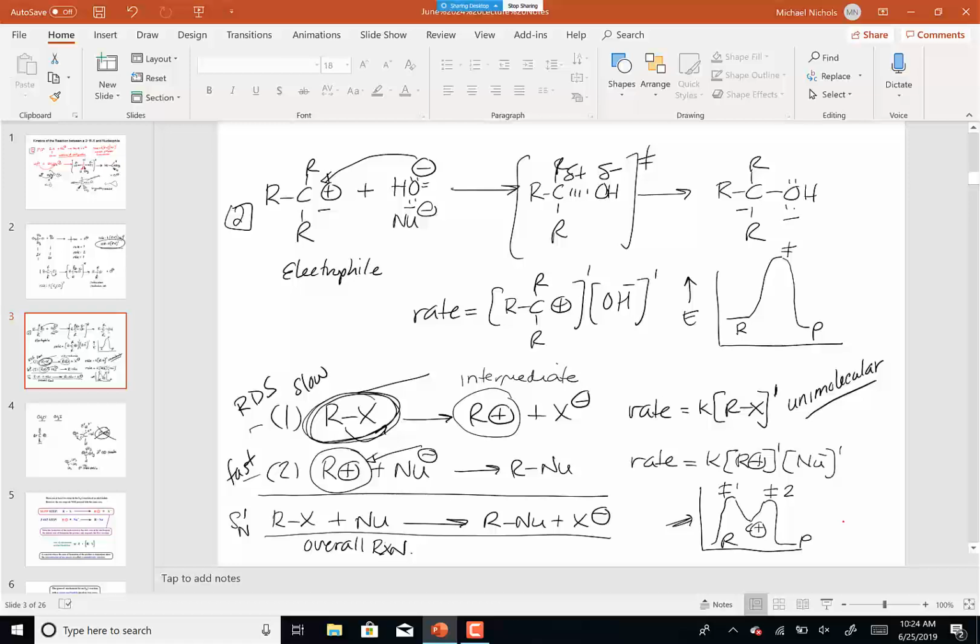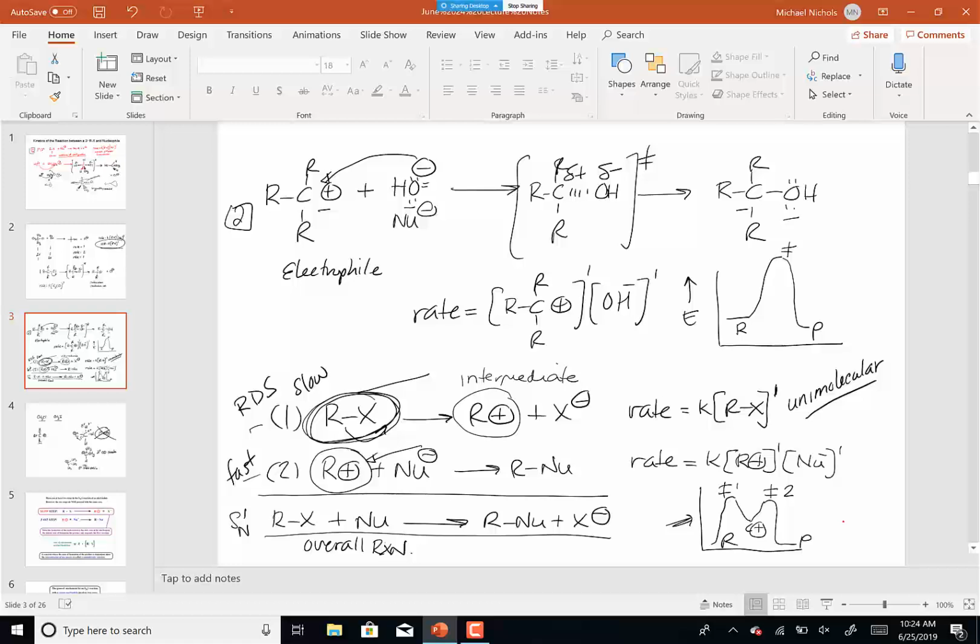The question is, which type of halide do you think is going to react fastest in an SN1 reaction? We'll call A primary, B secondary, C tertiary, and D, I guess, I can't guess. Okay?